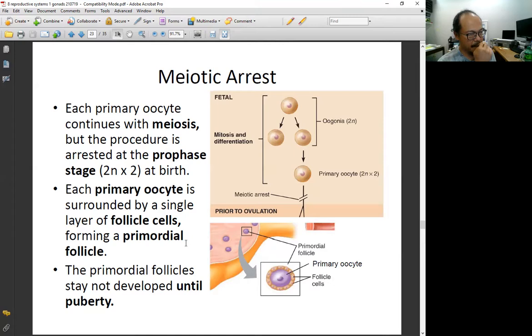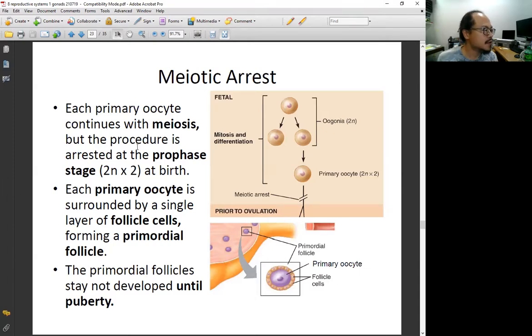It means that these primary oocytes are supposed to conduct meiosis, right? Primary will become secondary, 2 secondary, and the 2 secondary will become 4 ovum, right? But they will stop the meiosis process before birth.